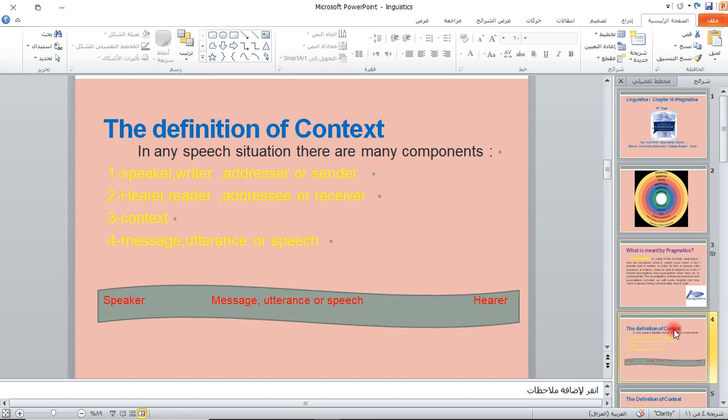Speaker المتكلم, or writer الكاتب, the addressee المخاطب or sender المرسل. 2. Hearer السامع, or reader القارئ, the addressee المخاطب or receiver المستلم. 3. Context السياق. 4. Message الرسالة, utterance العبارة or speech الكلام.